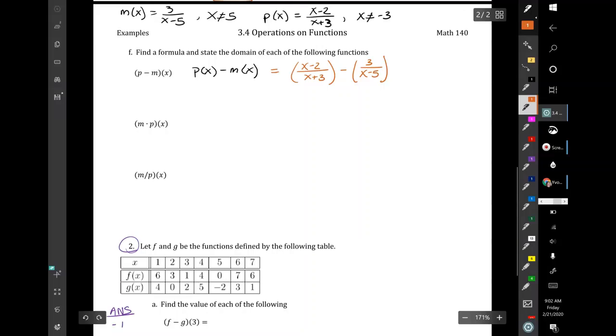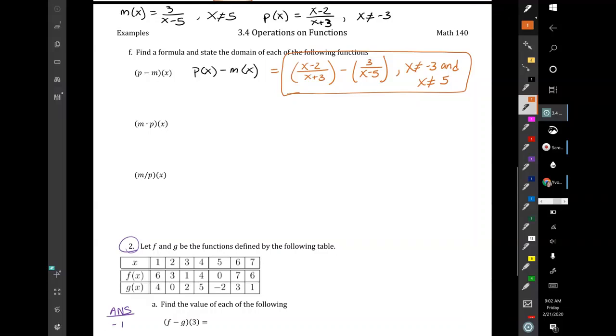And we can actually just leave it like that, except our domain is going to be different because we are going to have to write here x not equal to -3 and x not equal to 5. Make sure you have an and, not an or, in there. So that would be the answer. You can leave it like that.